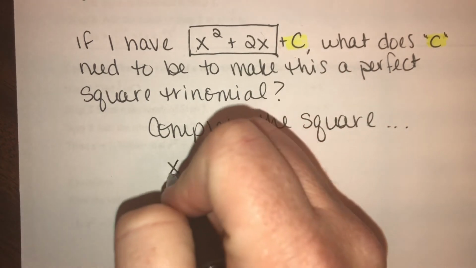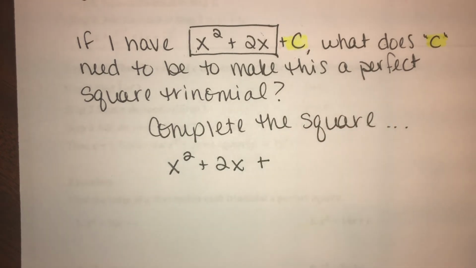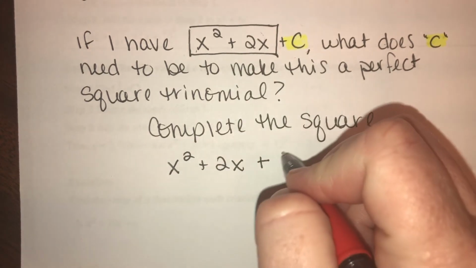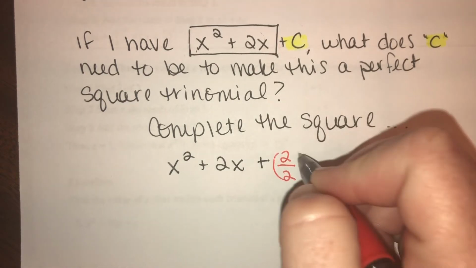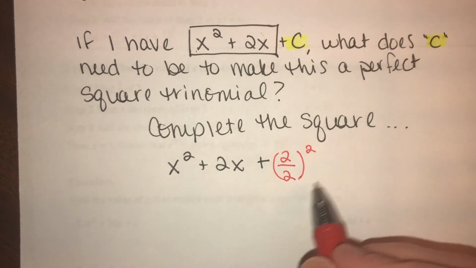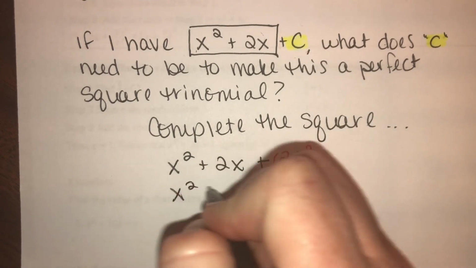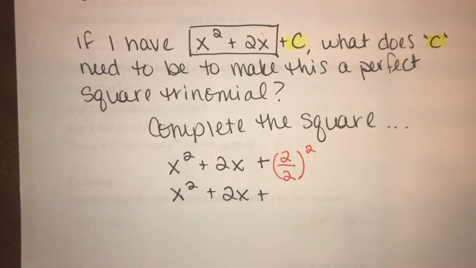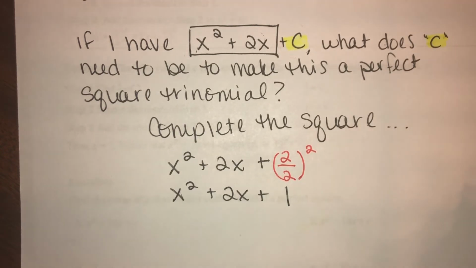So I'm going to have x squared plus 2x plus, and then I'm going to take 2, divide it by 2, and then square that, and that's going to be my C value. So then when I simplify that, x squared plus 2x plus 2 divided by 2 is just 1, and 1 squared is 1. That's it.